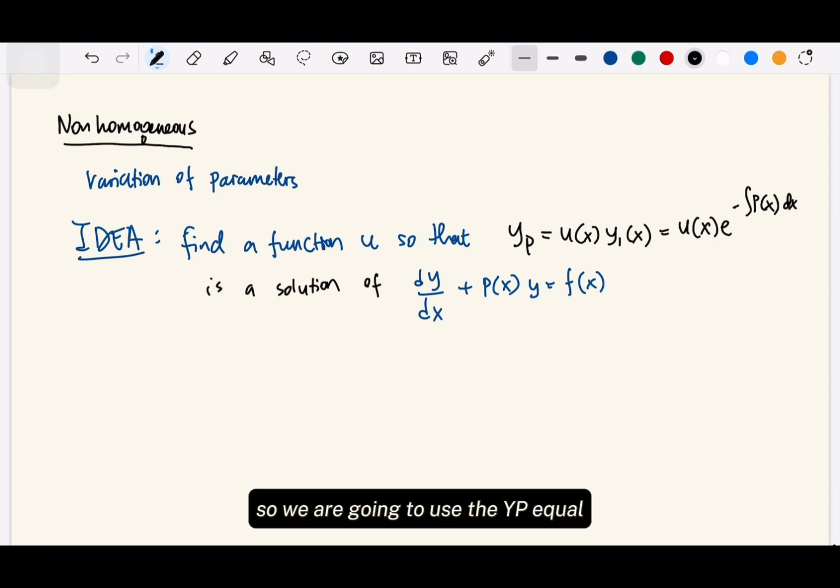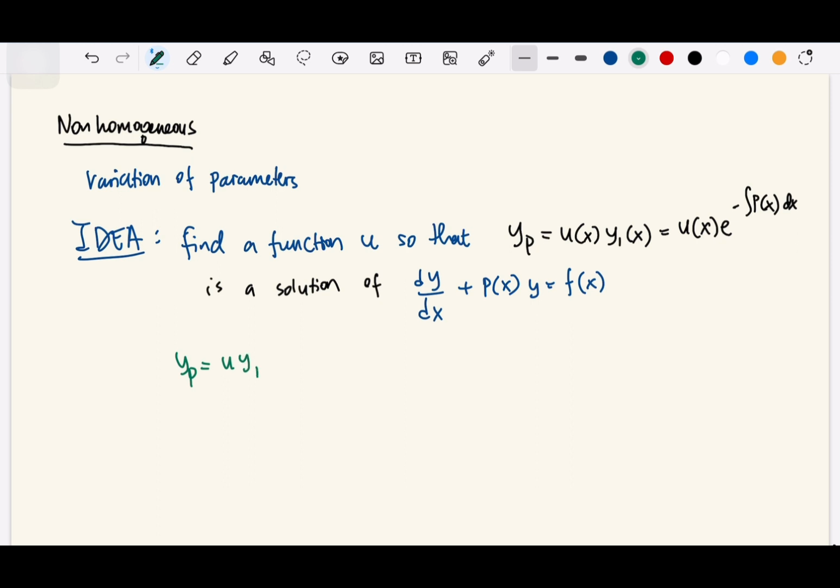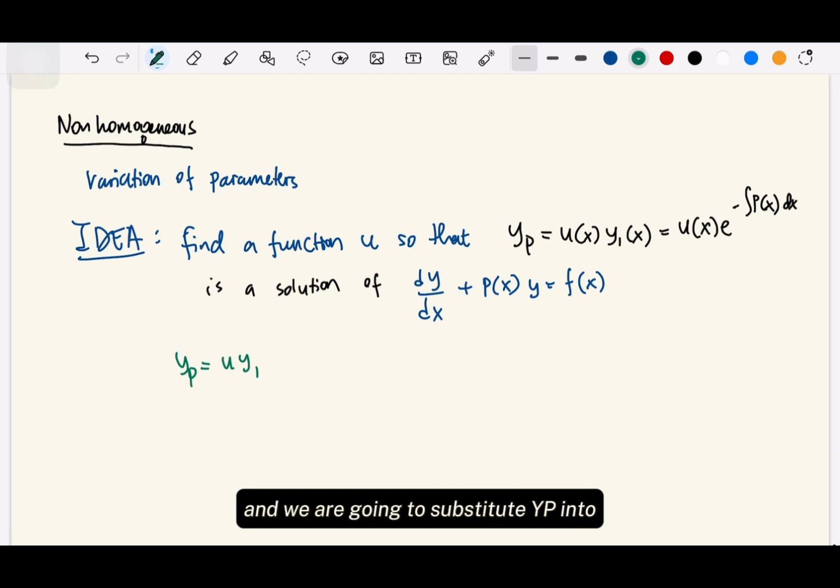So we are going to use yp equal u y1. And we are going to substitute yp into this differential equation.